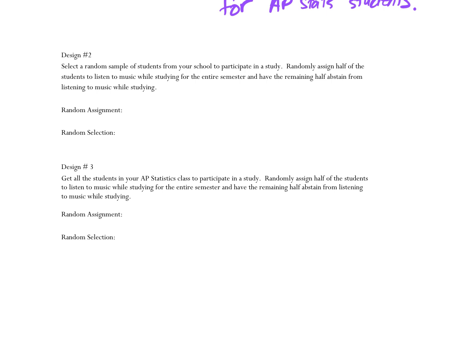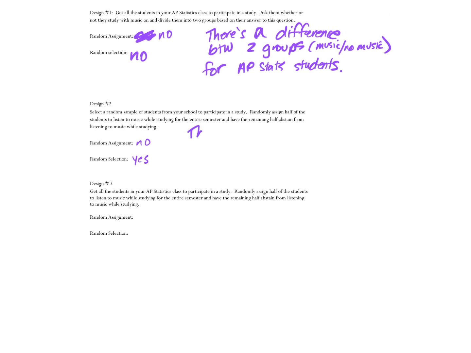So now, did I have random assignment? No. Did I have random selection? Yes. So here's what changes. There's a difference between the two groups, a difference between music and no music, for all of Grandview Heights High School.